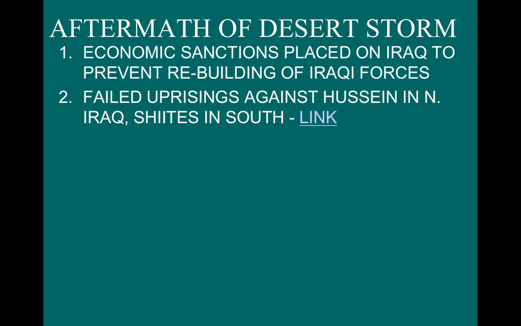We encouraged these uprisings, but Saddam Hussein crushed these uprisings. This was part of why the war ended so quickly, because Saddam Hussein understood that he needed to reserve part of his forces for these uprisings that he believed would likely happen. Some of these attacks were done using chemical weapons. This will become part of the discussion and debate about the invasion of Iraq in 2003.